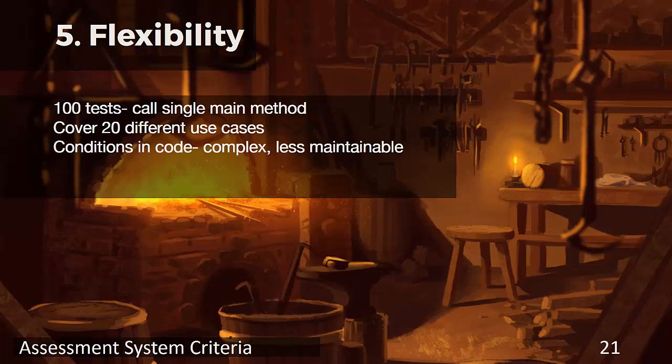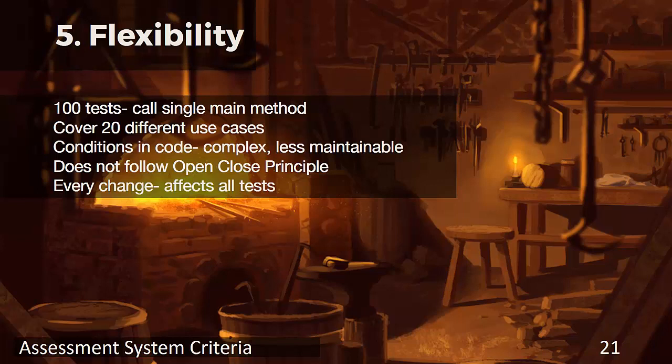Also, design as previously described will not follow the open-closed principle that states that software entities should be open for extension but closed for modification. Every change in this imaginary method can affect all of the tests that use it.